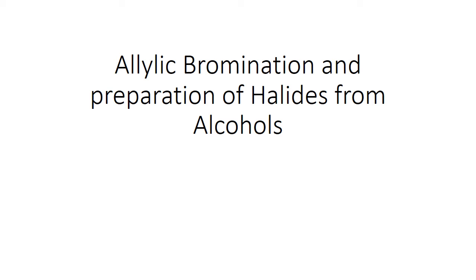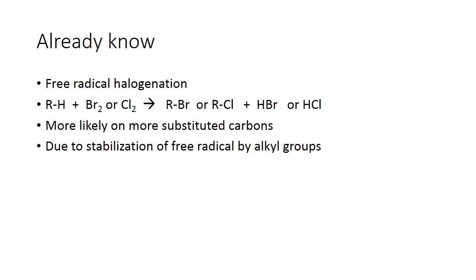In Chapter 10, we're going to look at alkyl halides and how to prepare them from alcohols. We already know that we can prepare alkyl halides by doing a free radical halogenation.